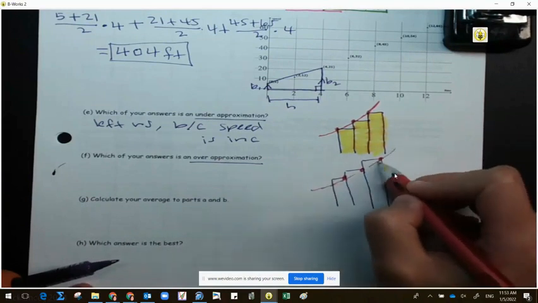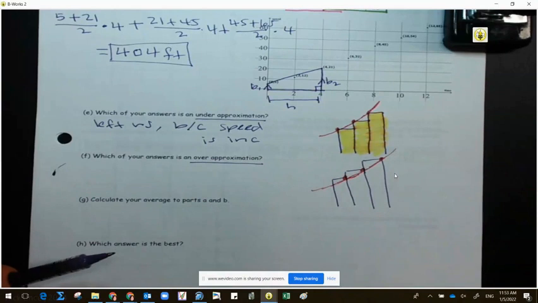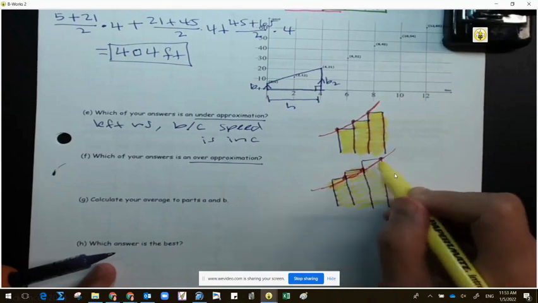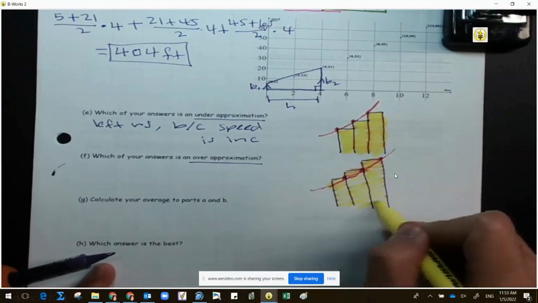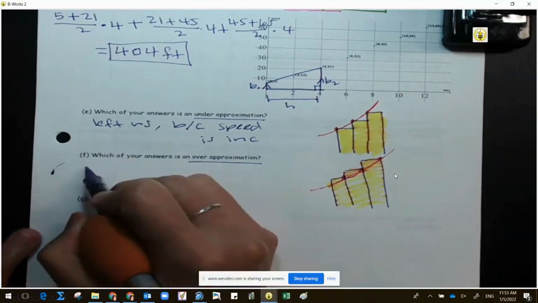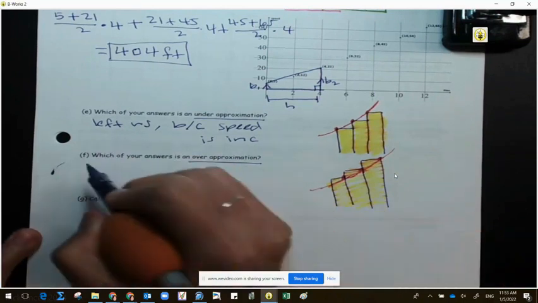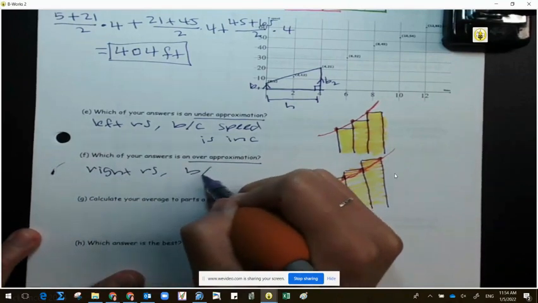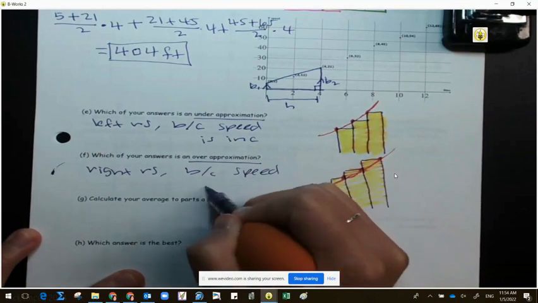And make a curvature, if you will. And if I'm just looking for the area under that curvature, and I happen to find the area of all of these, did I do too little or too much? Too much. So this will be over, right Riemann sum, because of speed, again, it's increasing.